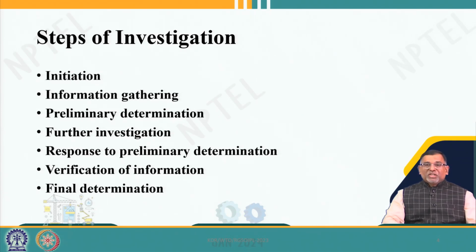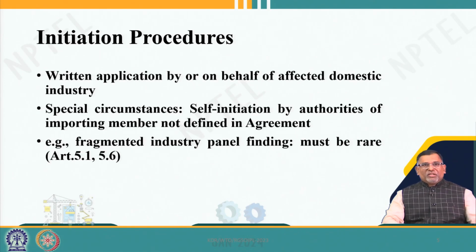Then collection of evidences, the full investigation, visit to the exporting country, gathering data, verification of the information. Then there is a final determination, and we will see it one by one elaborately.